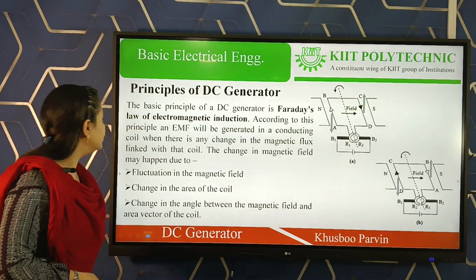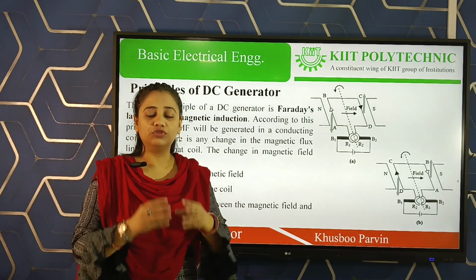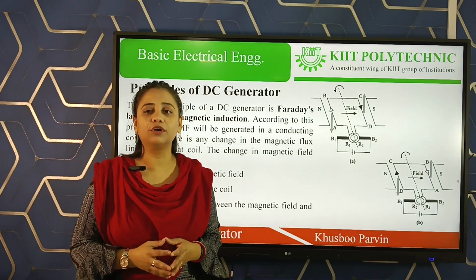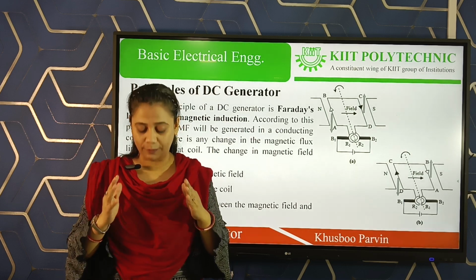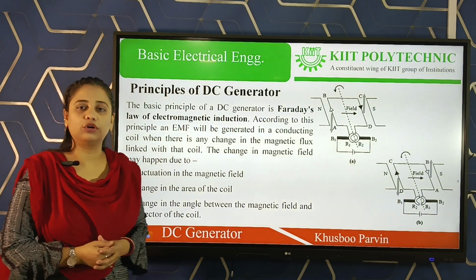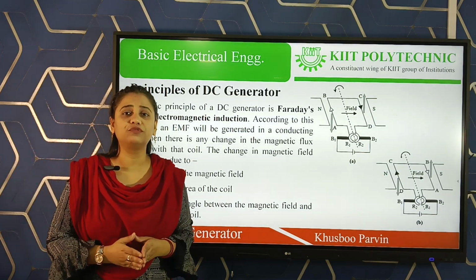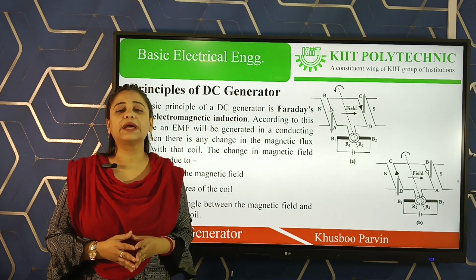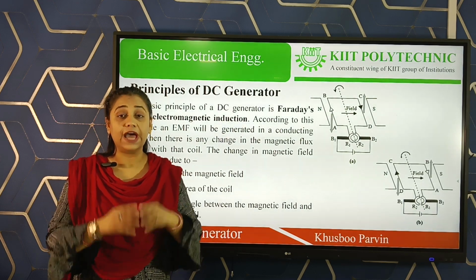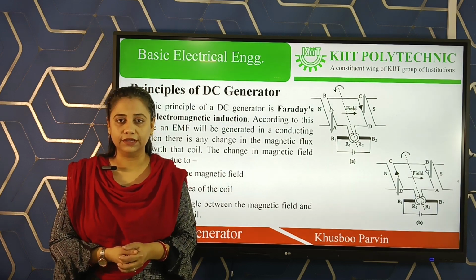So the next slide is the principle of DC generator. A DC generator works upon the principle of Faraday's law of electromagnetic induction. According to Faraday's first law, whenever a conductor cuts the magnetic lines of force or links with the magnetic lines of force, an EMF is induced across the two ends of the conductor.